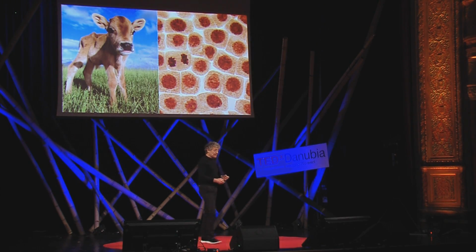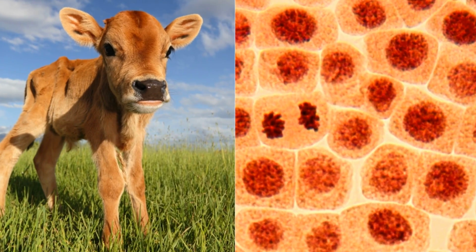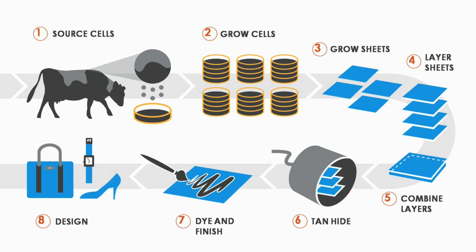We go back to the basic building blocks of life, the cells. We source the cells from the animal through harmless biopsy. We let those cells grow under laboratory conditions to sufficient numbers.